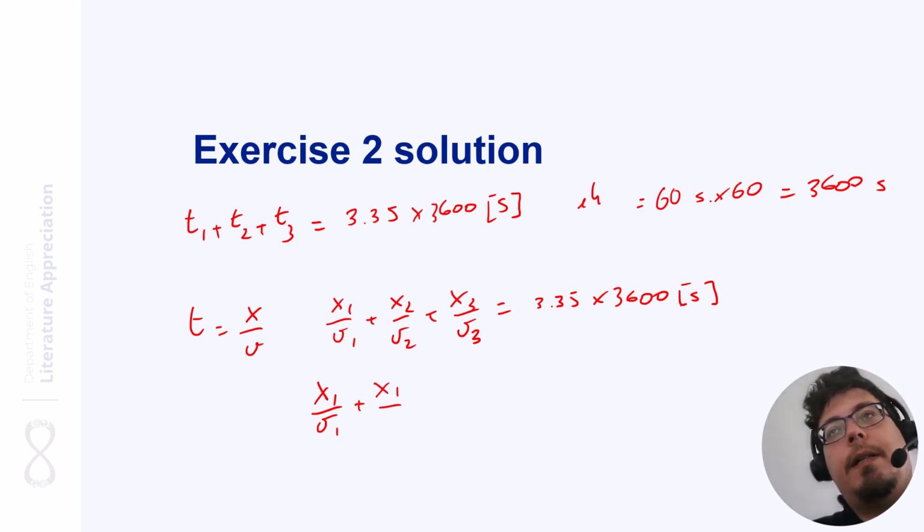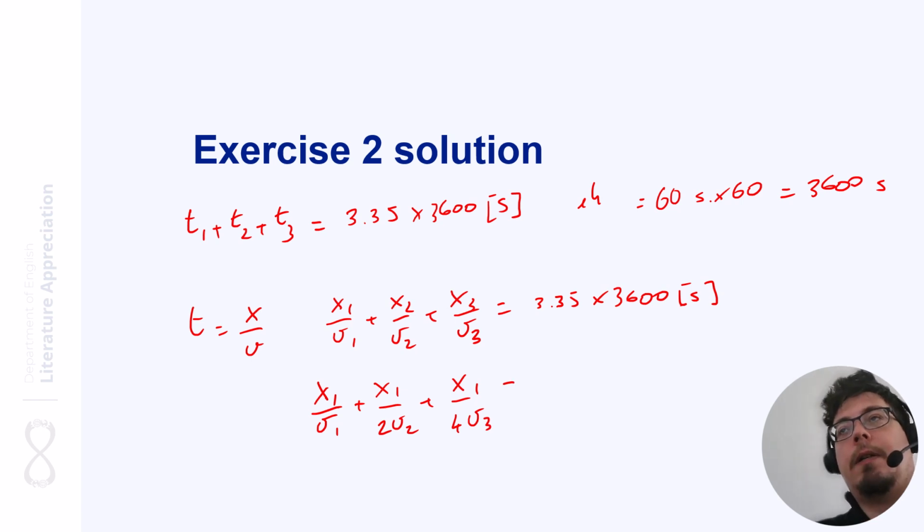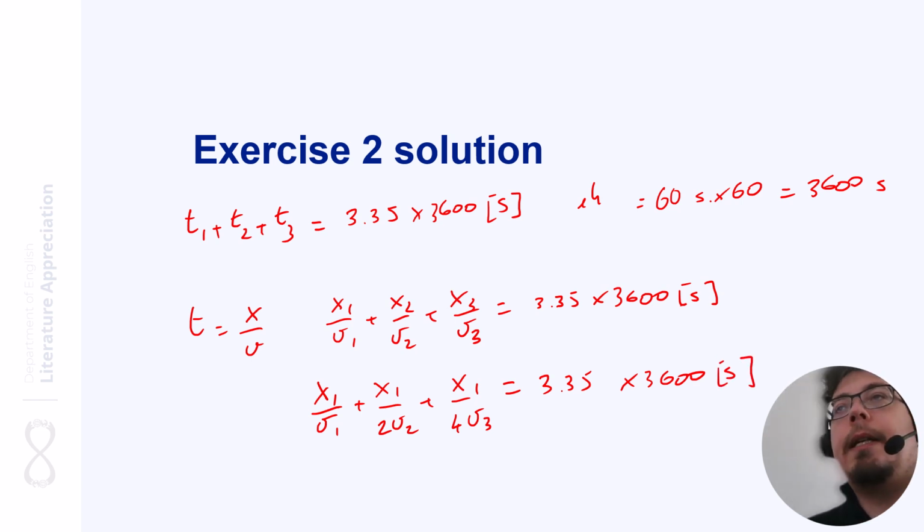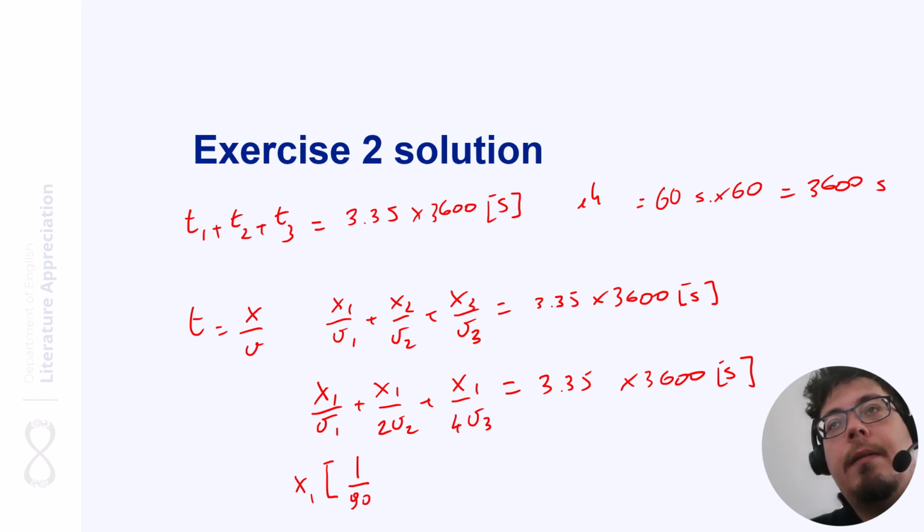So x1 divided by 2, v2, and x3 is 1/4 of x1 because it's half of x2. And this is 3.35 times 3600 seconds.